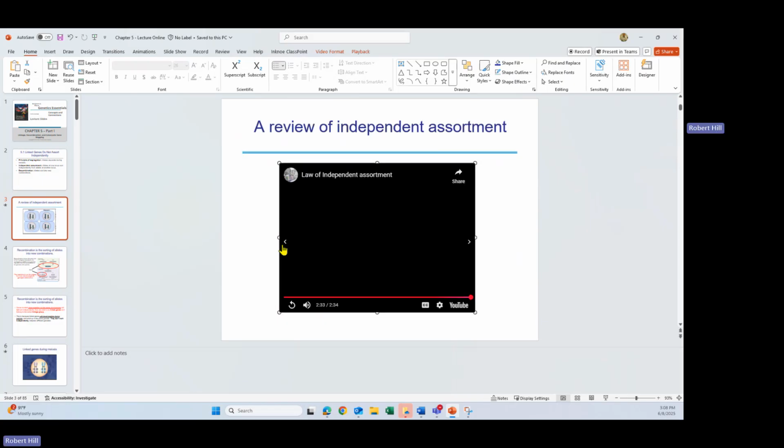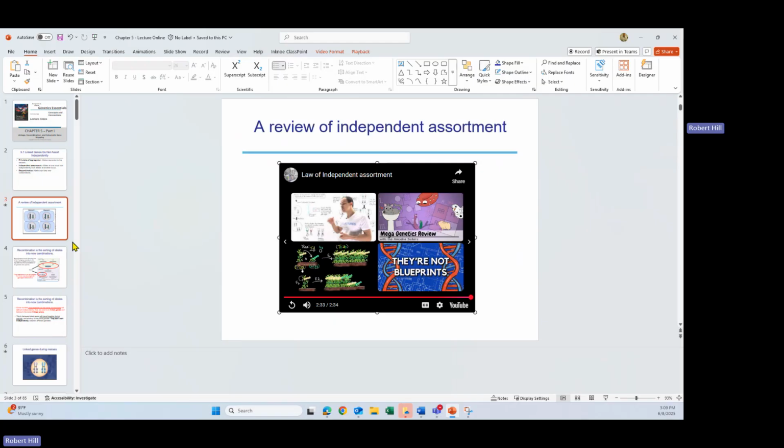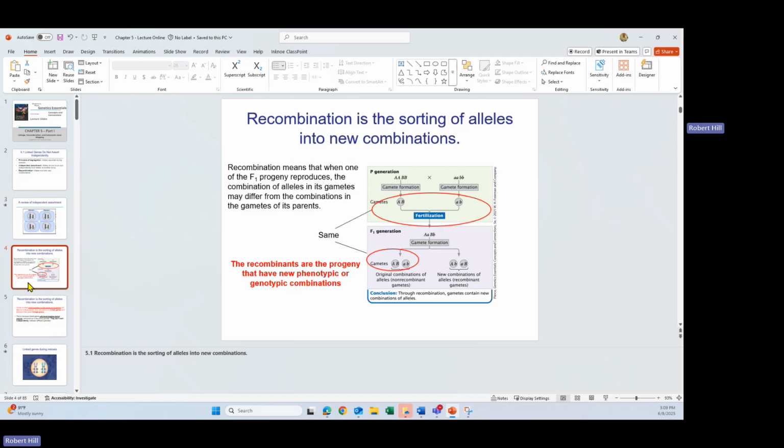All right, so equal percentages, equal chances, equal probabilities is a feature of independent assortment because everything is assorting randomly.